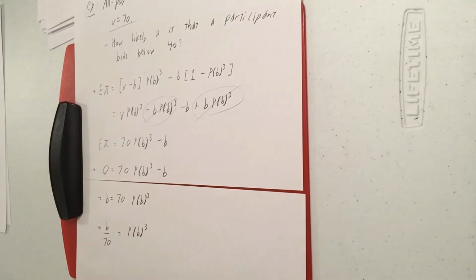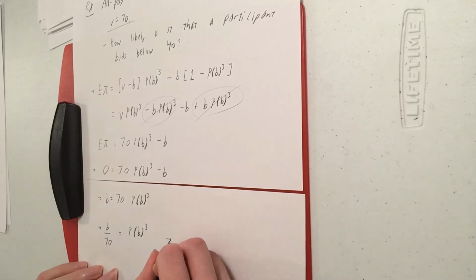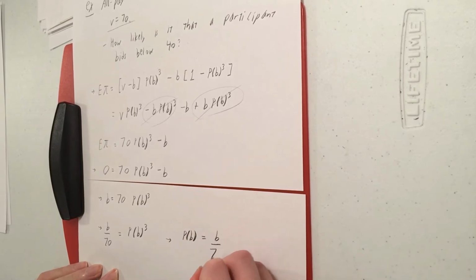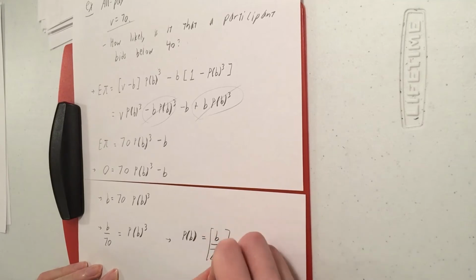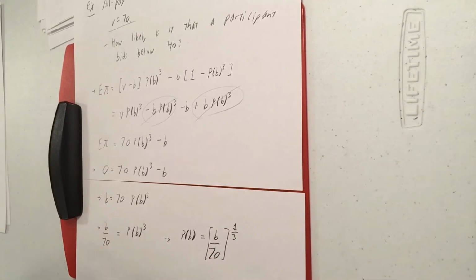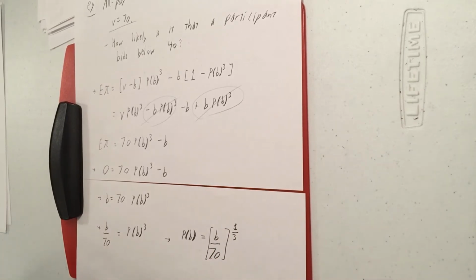Last step, let's raise everyone to the power of 1/3. So that is the probability of bidding less than B.